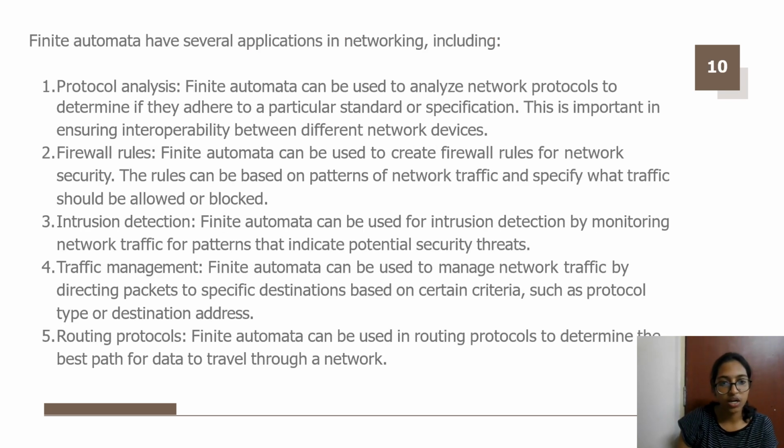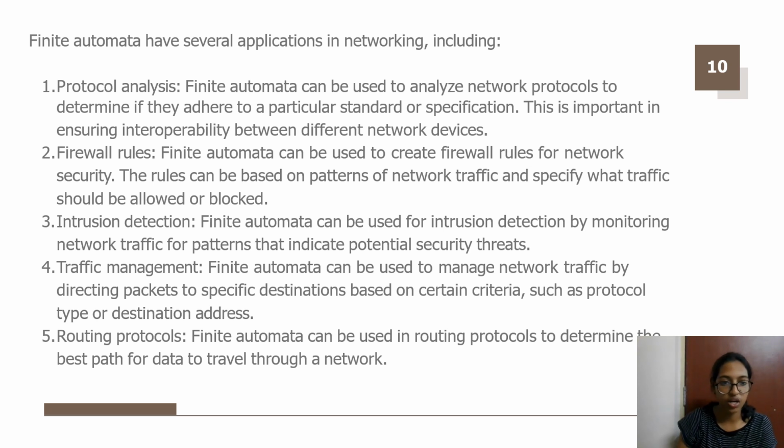Finite automata have several applications in networking, including protocol analysis. The finite automata can be used to analyze the network protocol to determine if they adhere to a particular standard or specification.